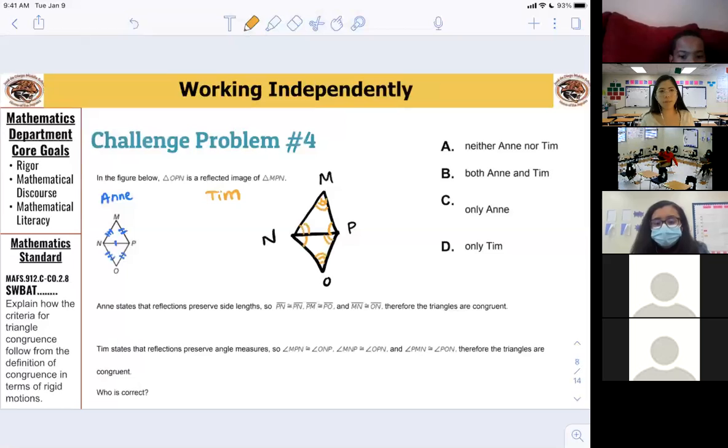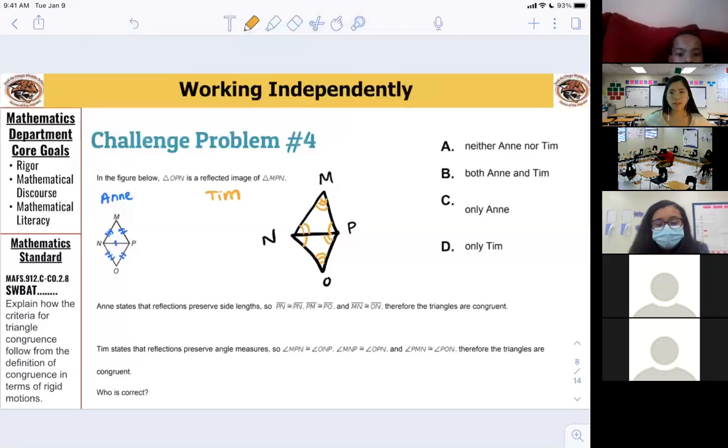So it's a little bit messy, but what did Jalen say? Okay, so basically Anne's argument is that the 2 triangles are congruent because the side lengths match up, and Tim is saying that the 2 triangles are congruent because the angles match up.